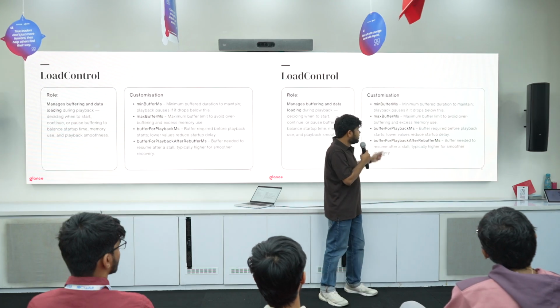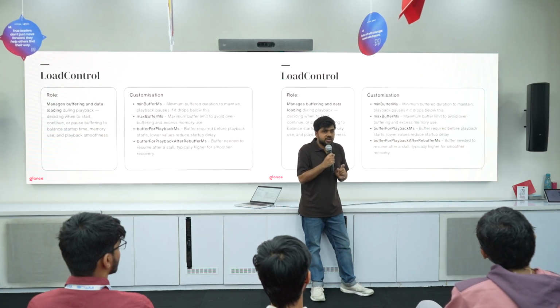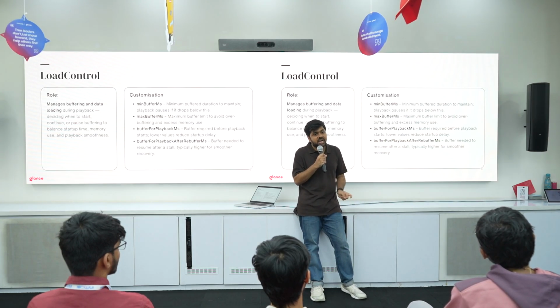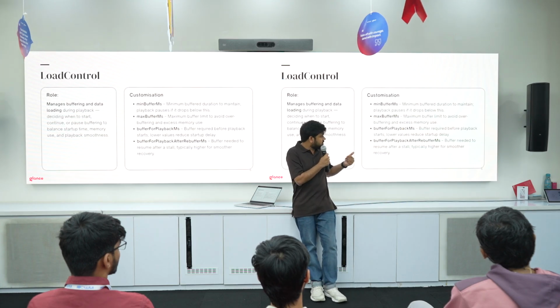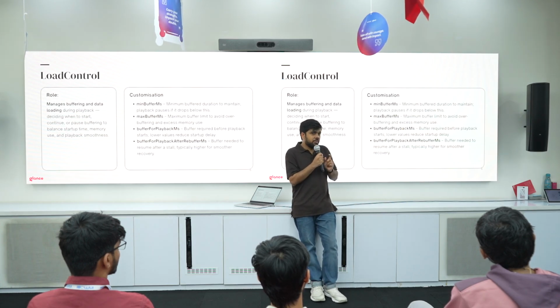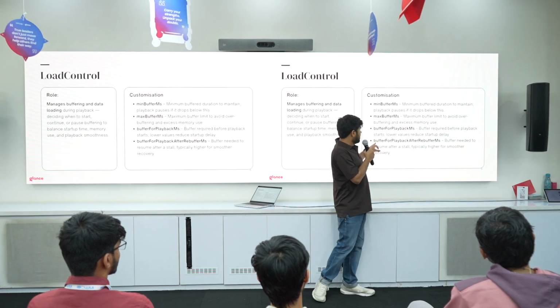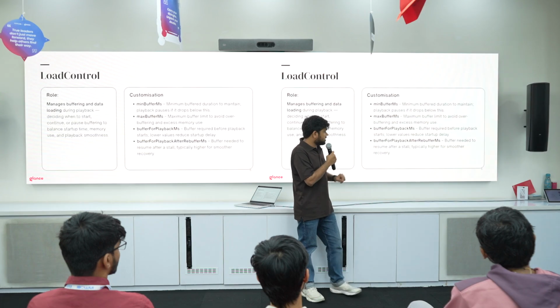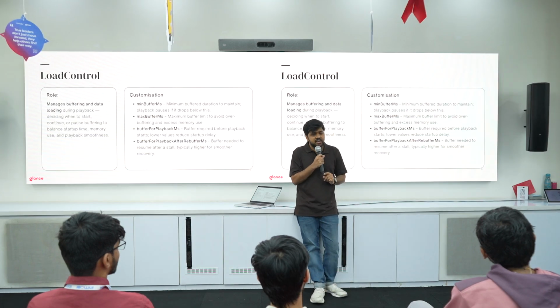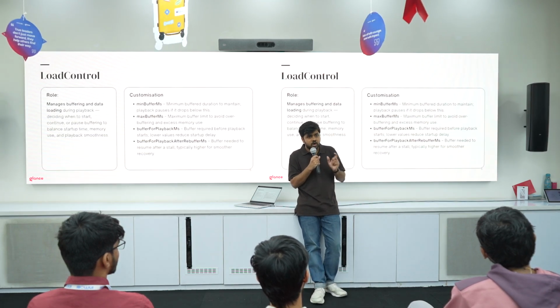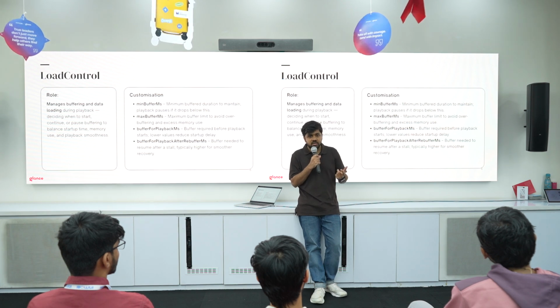Buffer for playback tells how much needs to be downloaded before you start playing the video. If you keep this at a lower value, you will get a much quicker video startup time. Then buffer for playback after rebuffer tells, if a rebuffering happens, how much to ensure before restarting the playback.